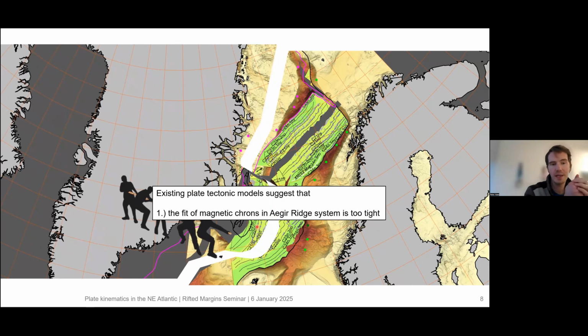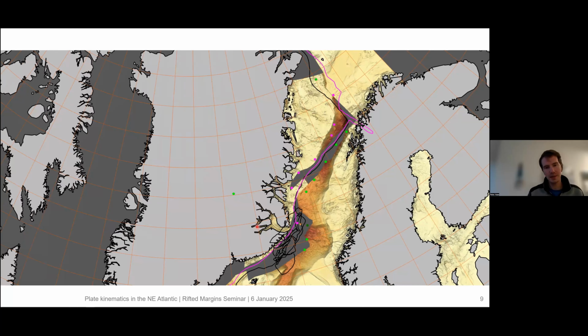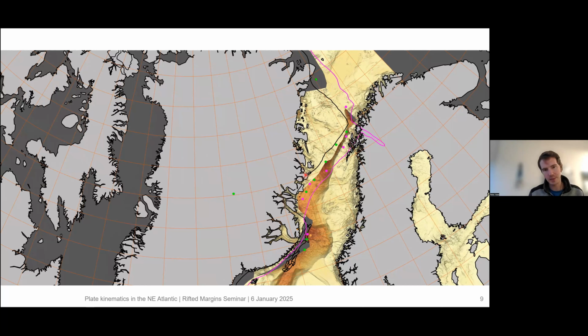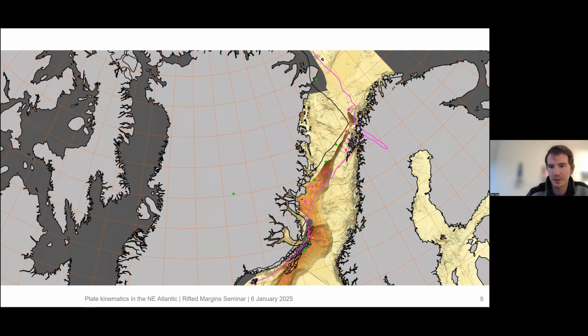So one observation we have already is that existing plate models suggest that the fit of the magnetic chrones in the Aegir ridge system is too tight, as we saw by this overlap. But as you might have seen before, there is also the movement of the tectonic plates before oceanic lithosphere was created.